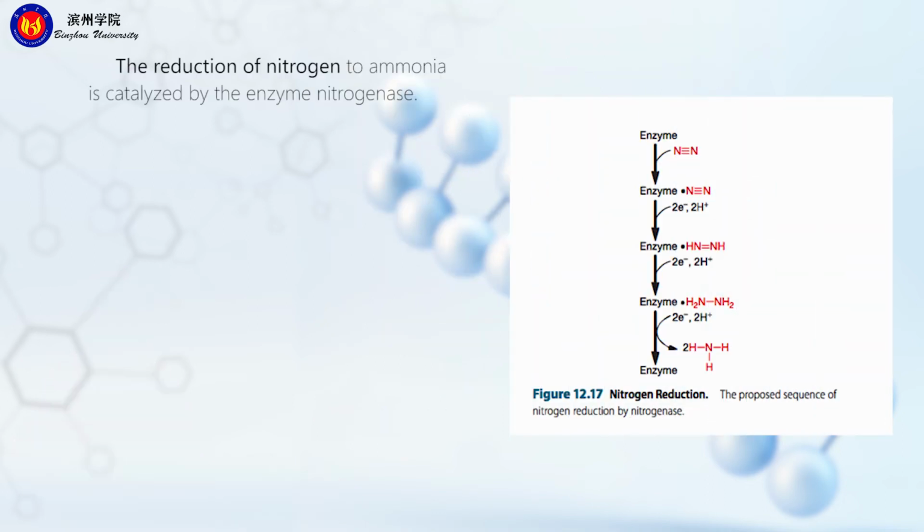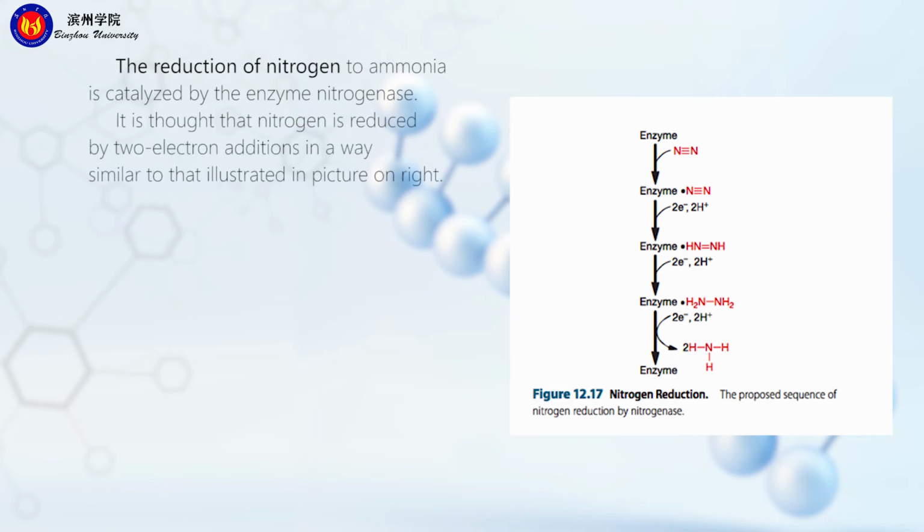Let's see the process of nitrogen fixation. The reduction of nitrogen to ammonia is catalyzed by the enzyme nitrogenase. It is thought that nitrogen is reduced by two-electron additions in a way similar to that illustrated in the picture on the right.